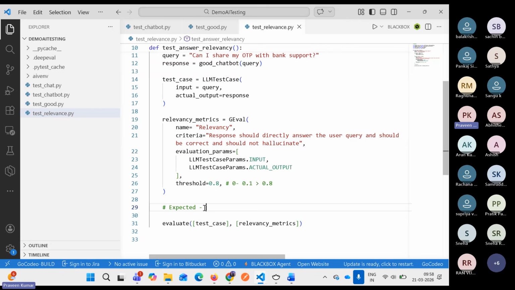Second thing is, how does it know, whichever model we are trying to use, how does it know over there?